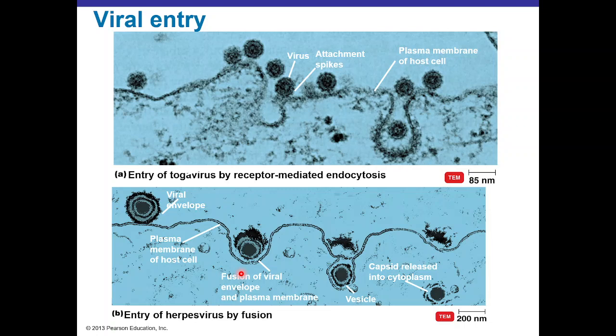And then for fusion, you have the viral envelope here of a herpes virus that contacts the plasma membrane of the host cell, and then the envelope of the virus fuses and is left behind, while the nucleocapsid and the nucleic acid enter and then will be released into the cytoplasm.